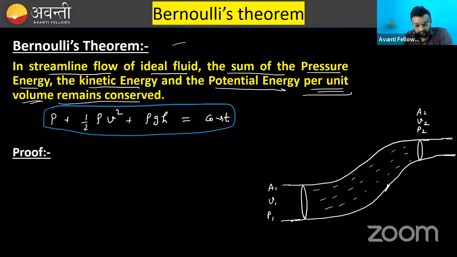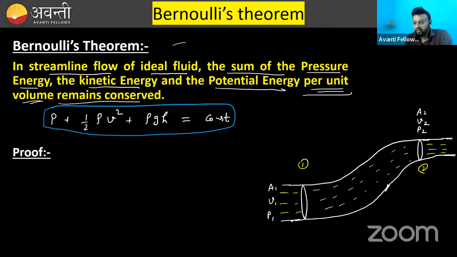Now, remember one thing, that I have taken this portion of the fluid, but actually the fluid is also coming from this side and will leave from this side. This is the exact situation. So this pressure P1 is exerted by the incoming fluid at this end. This is end 1, and this is end 2.